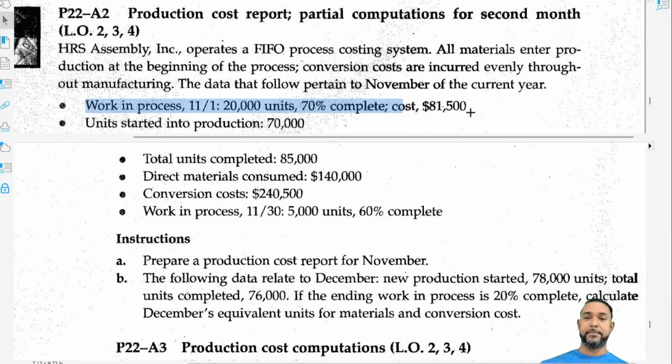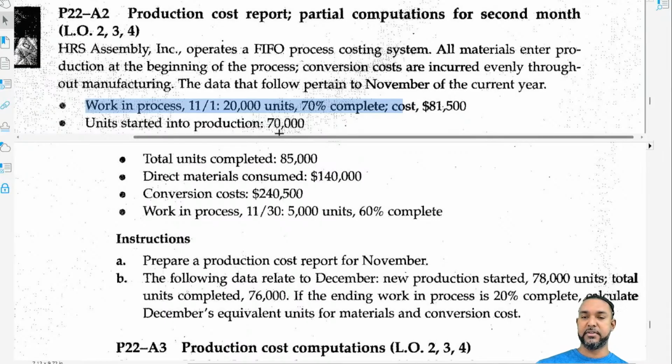We know 70% complete is specific to conversion costs because it's 100% complete with respect to materials. Now, if it's 70% complete with respect to conversion, the percentage that needs to be done in the current period to make it complete is 30%. So it's very similar to the previous question in that respect.